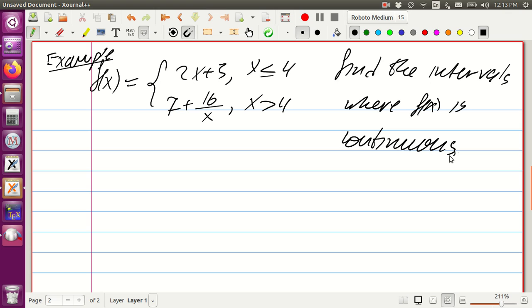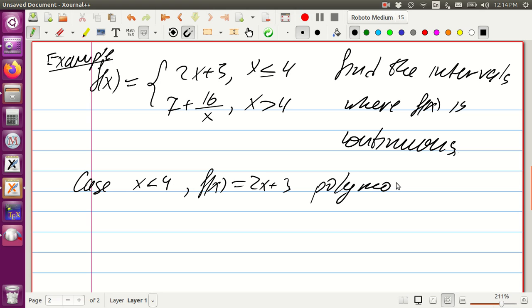So we have two pieces. Let's look at the case when x is less or equal than 4. Or let's do the case when x is strictly less than 4. It's going to be a little bit easier. When x is strictly less than 4, we have f of x equal to 2x plus 3, which is a polynomial. Maybe we can include the 4 here. Let's include the 4.